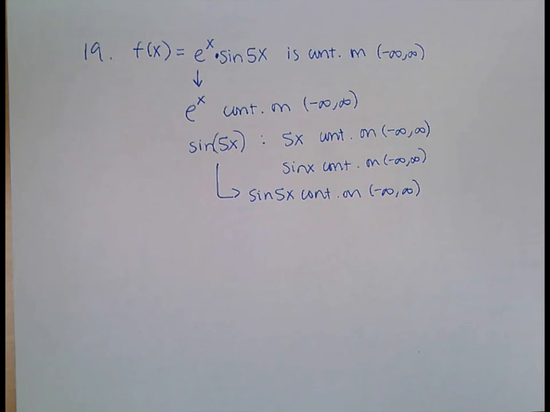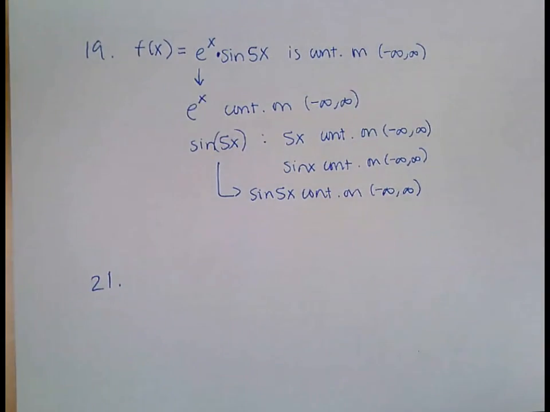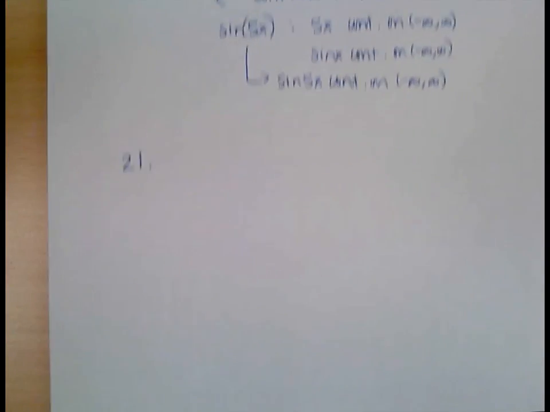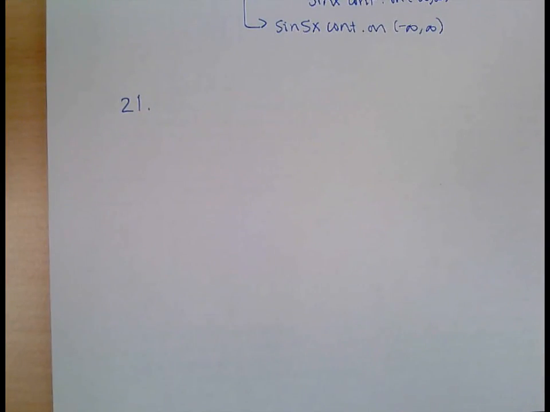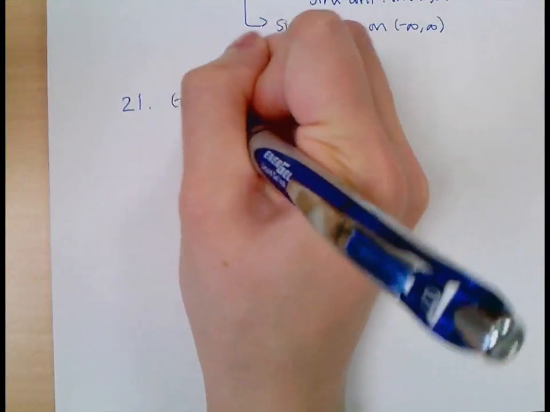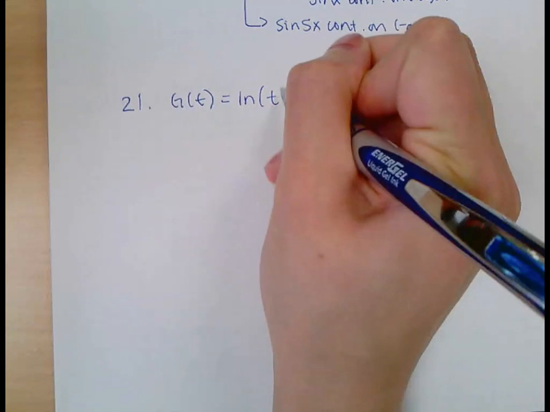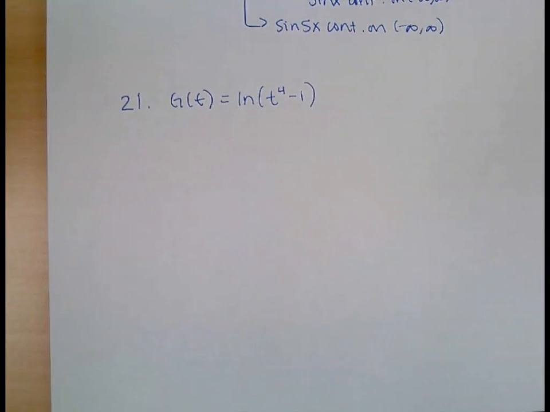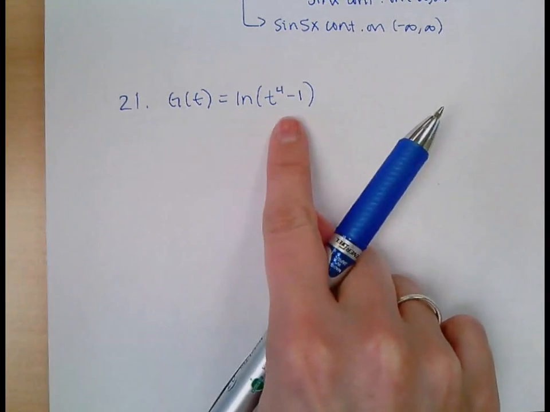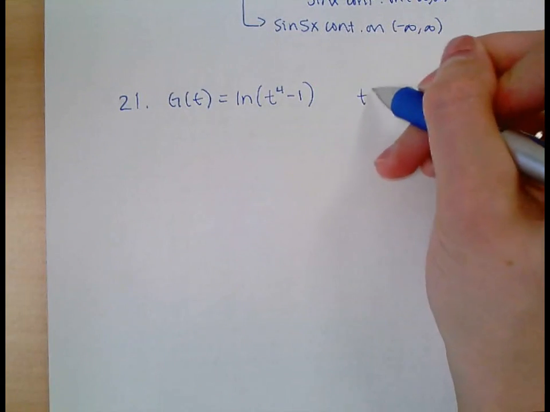21 might be similar to one of the examples we just did. G of t. Yeah, so this would be like example 6a that we had done. So first you look at the t to the 4th minus 1.